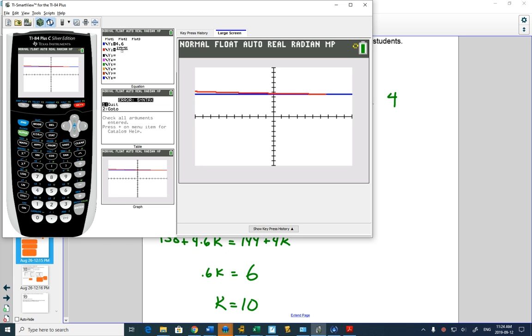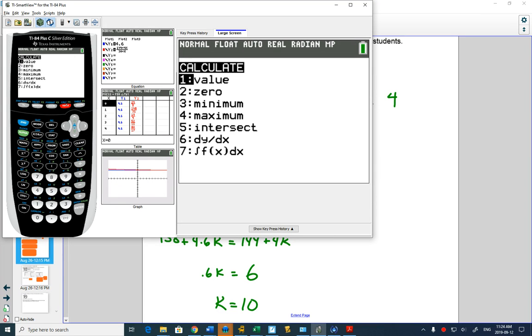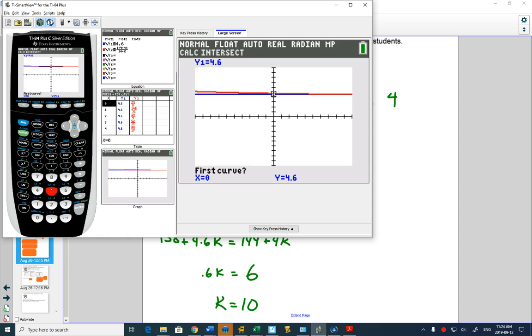And there's my second one. The solution is where they intersect. Okay, I'm going to use second, calculate, number 5. Does it show up where they intersect? First curve, second curve. Guess. Yes. It intersects at 10. So I get my solution from my graphing calculator.